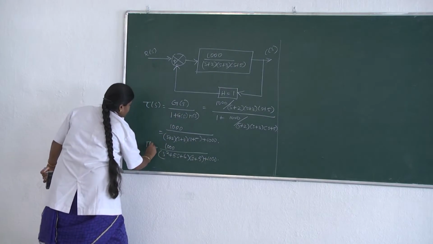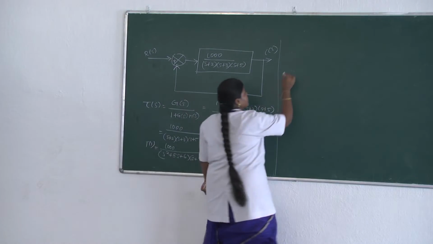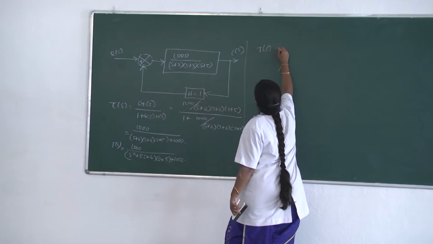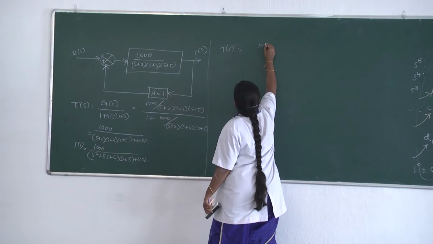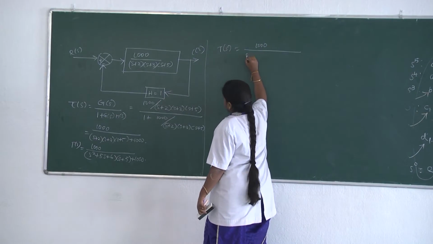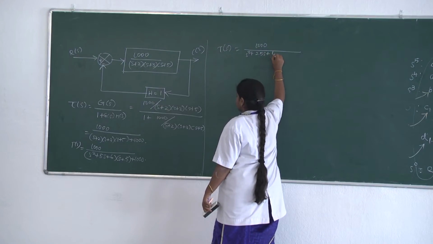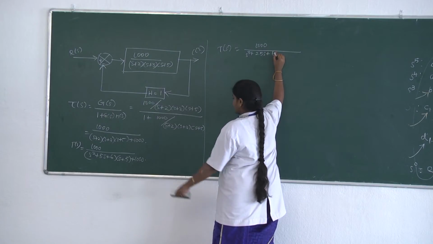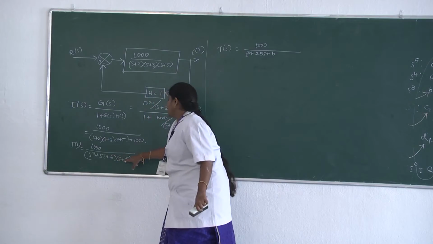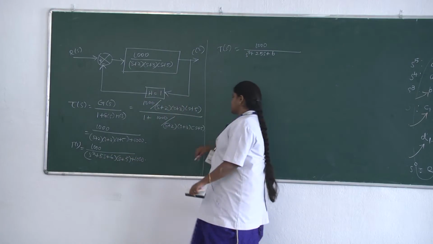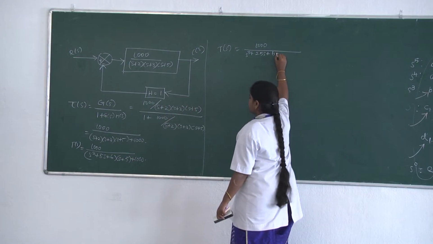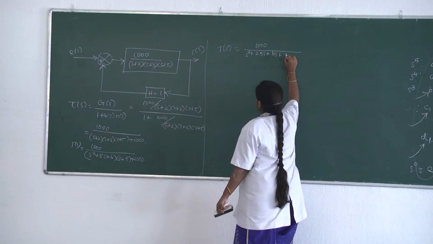This is our transfer function. Again, by reducing the transfer function, we will be getting 1000 divided by S^3 + 5S^2 + 6S + 5S^2 + 25S + 30.